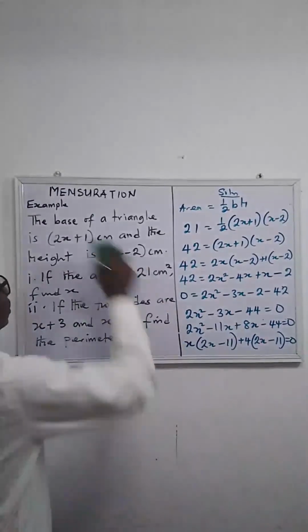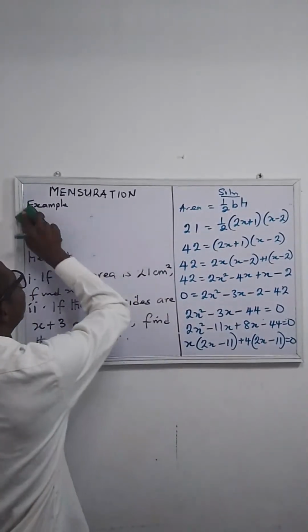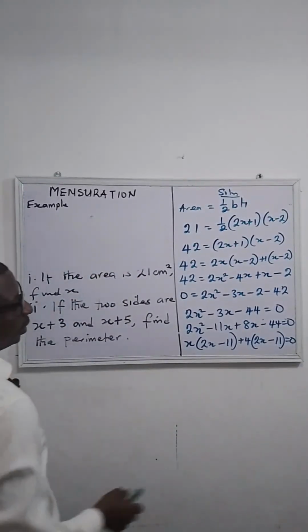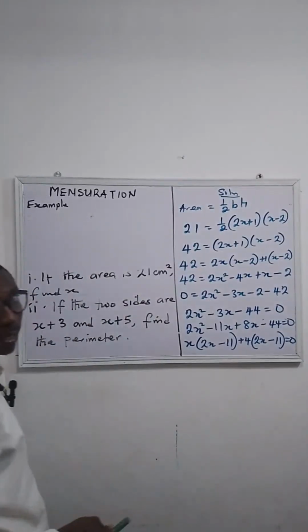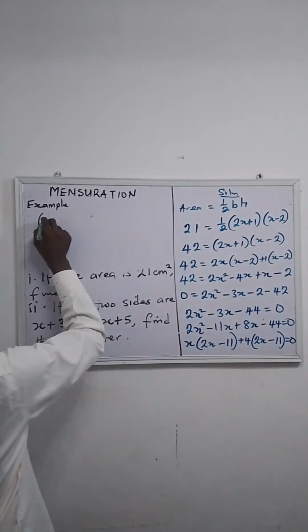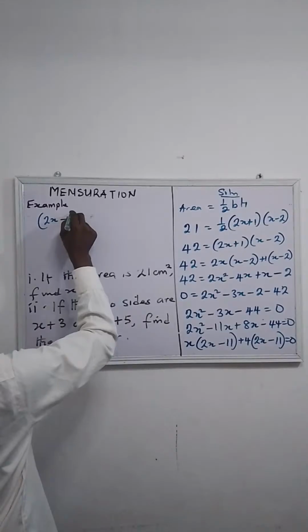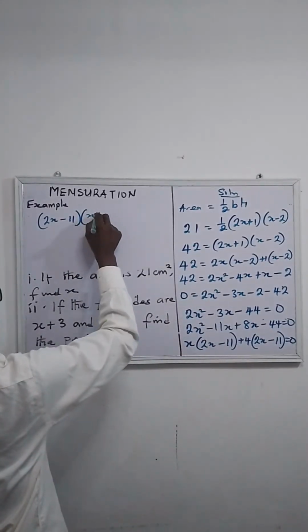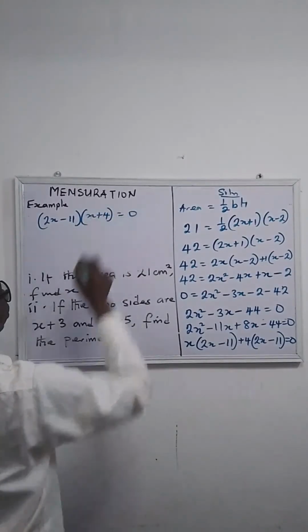So the next thing is to factor out 2x minus 11. So we have 2x minus 11. We are left with x plus 4 equals to 0.